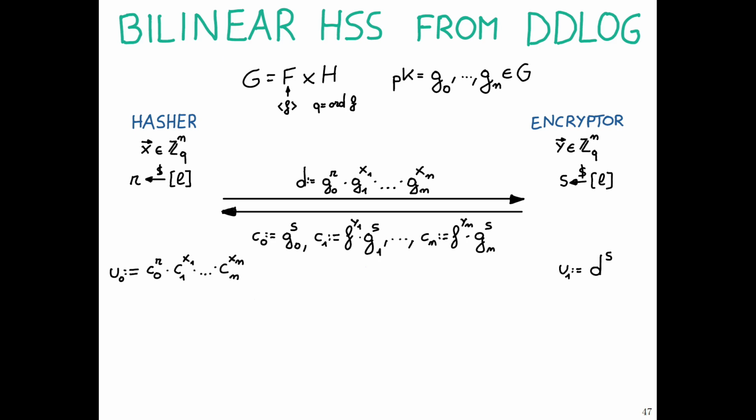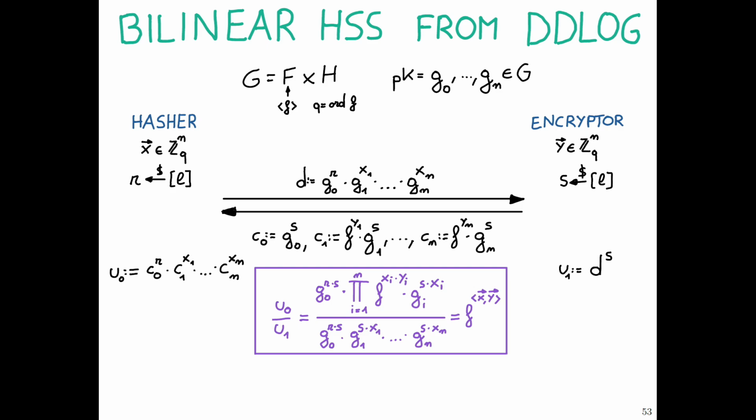And the encryptor takes the digest to just the power of their secret value. The ratio U0 over U1 must be in the easy discrete log subgroup to get anything useful out of this. If we substitute in these ciphertexts, we see that there's an f to the power of the xi's times yi's. So that's what we want, but it's hidden behind some powers of g. However, it turns out these exact same powers of g appear in U1 as well, so they cancel out.